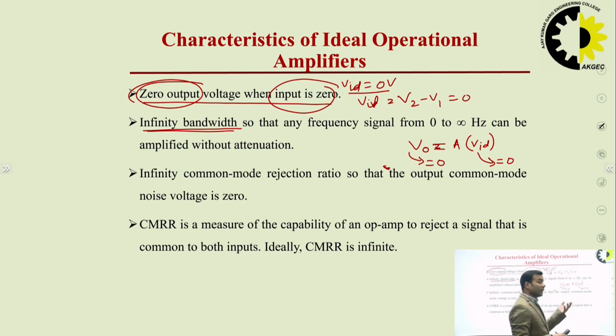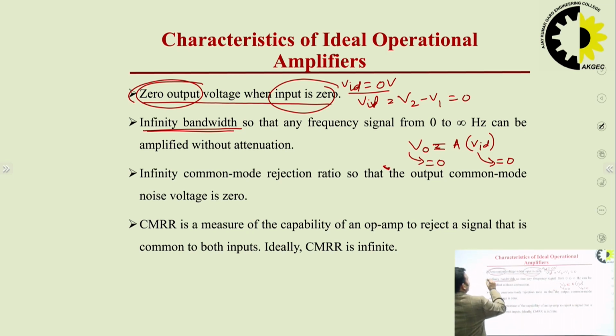So you can never think that bandwidth will be infinite. No, it will never be. But ideally, we will consider that operational amplifier provides infinite bandwidth. Practically, there is no such device. You may consider any amplifier, BJT, FET, JFET, MOSFET, operational amplifier. None of them can have infinite bandwidth.